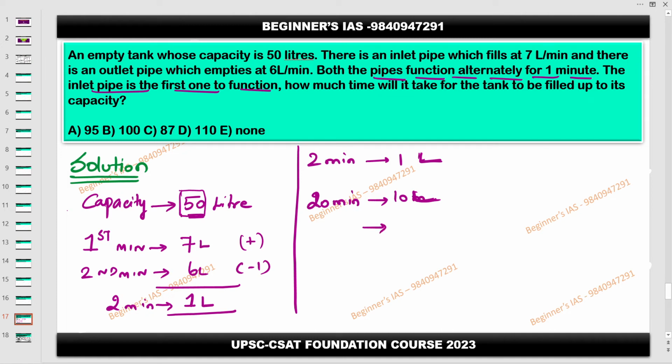Then 40th minute, 20 liters. 60th minute, 40 liters. Some of you said the 50th minute would be 30 liters, but 50th minute will be 30 liters and 60th minute will be 40 liters.